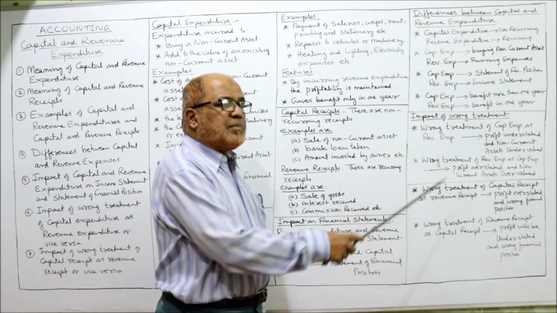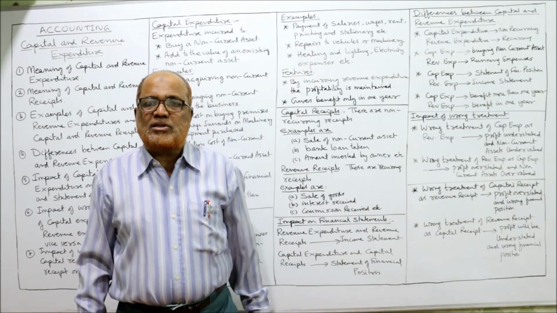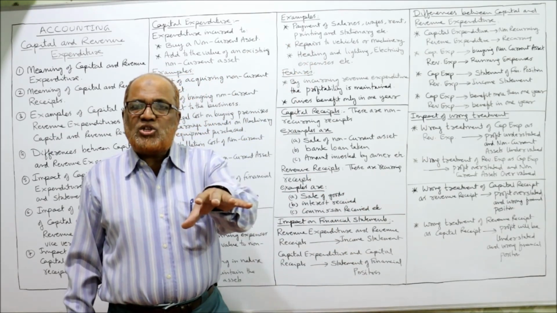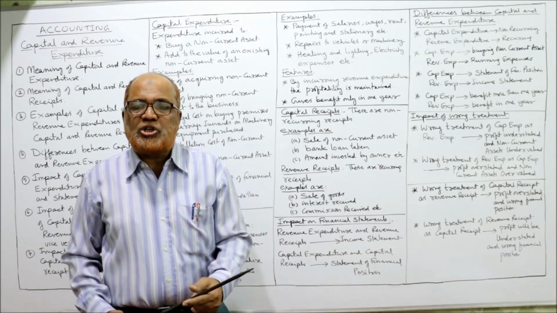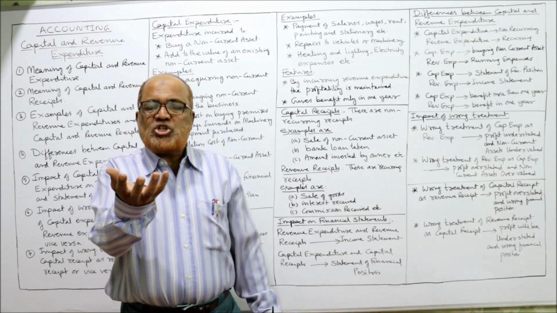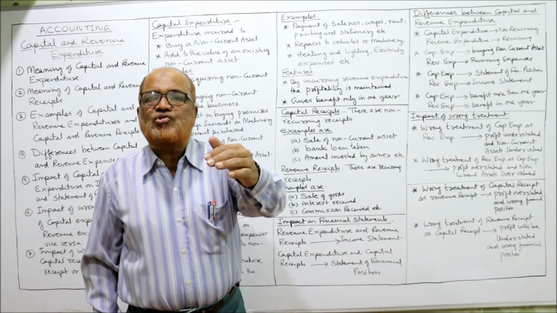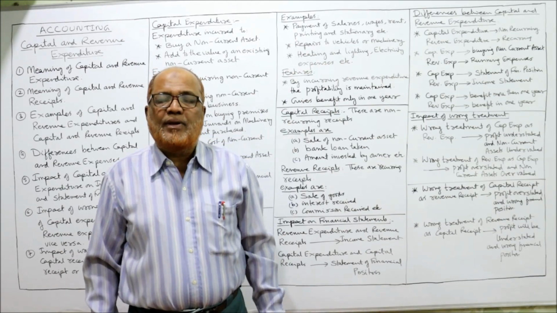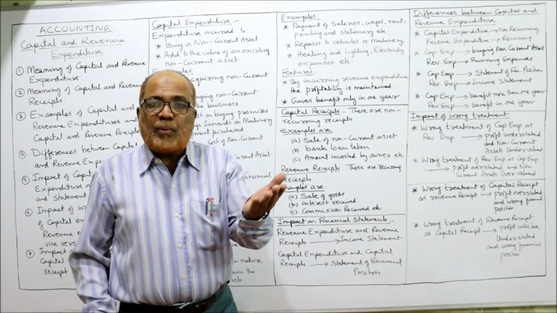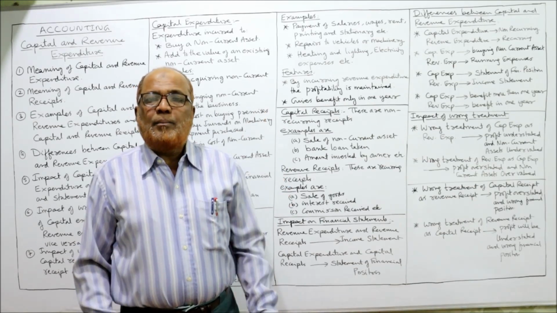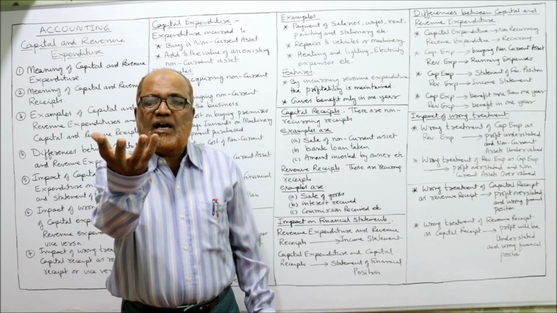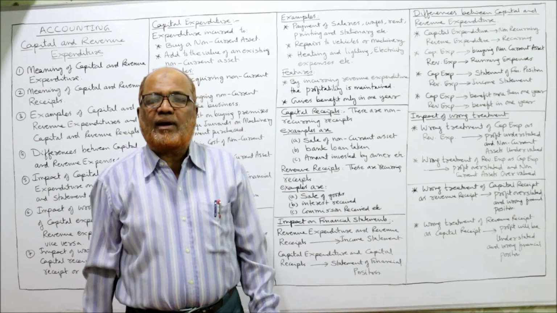And if revenue expenditure is treated as capital expenditure. Suppose some revenue expenditure is incurred. Example, repairs to machinery. Repairs to machinery is a revenue expenditure, but by mistake the accountant has treated as a capital expenditure. Then what will happen? The profit will be overstated because one revenue expenditure is there that is not taken in revenue account.